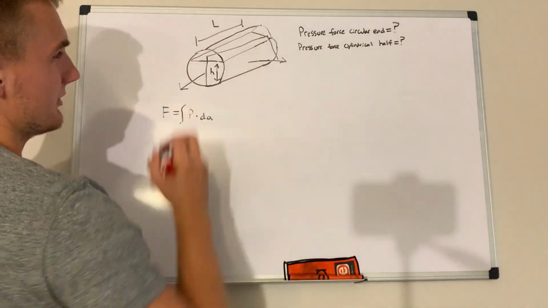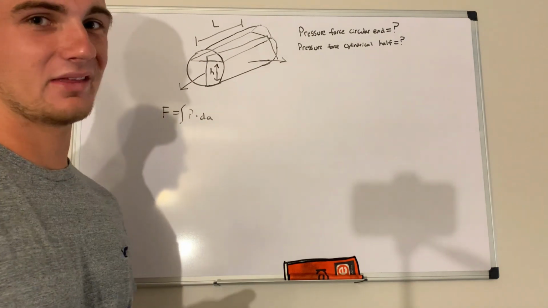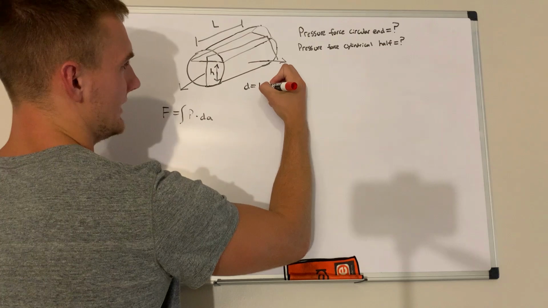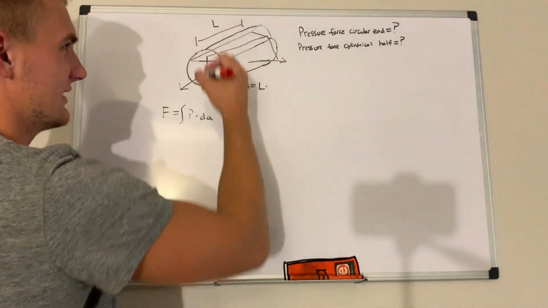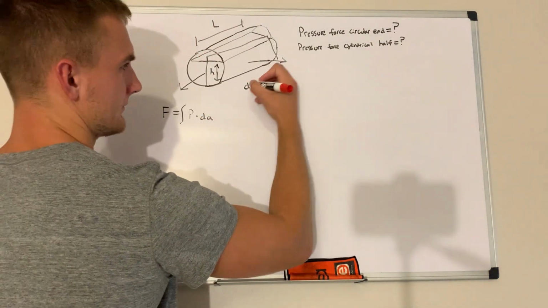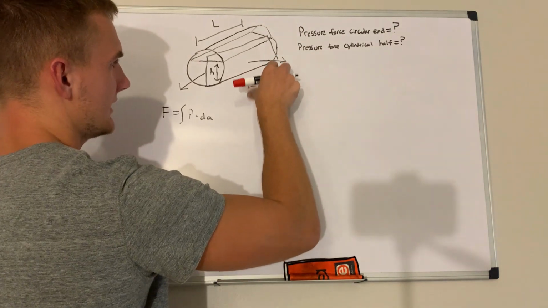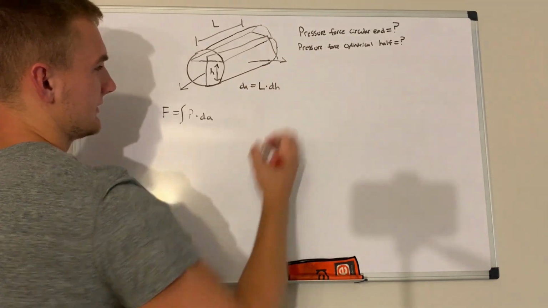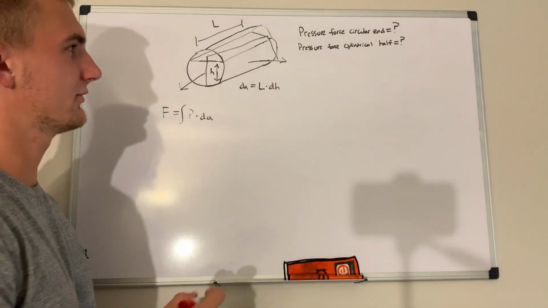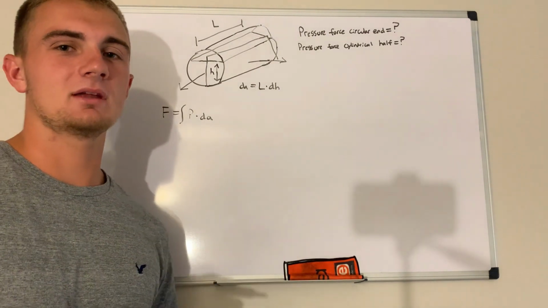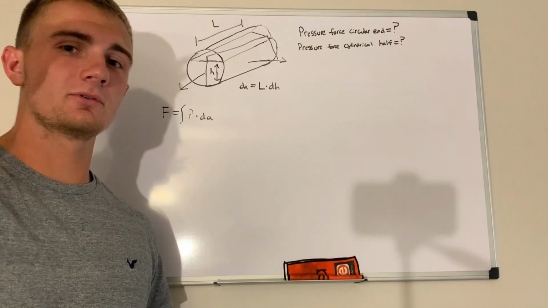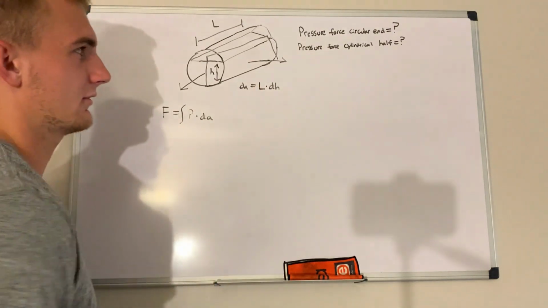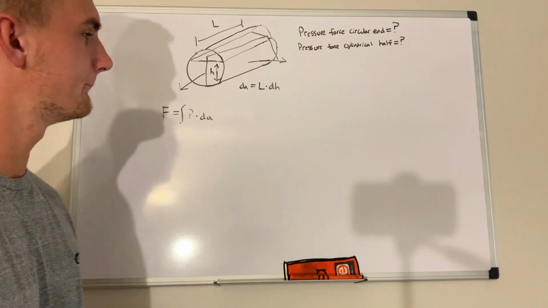If the barrel is of length L, this dA will be L times the change in height of the fluid. So dA equals L times dH, which makes sense because it's going to be different depending upon whether we're at the very top of the fluid, the middle, or the bottom of the fluid. That's why we would have our differential change in height there.